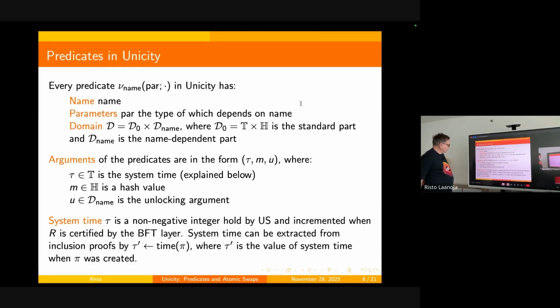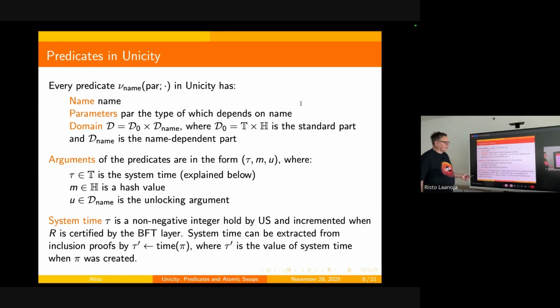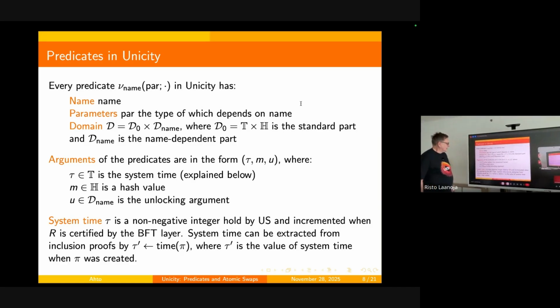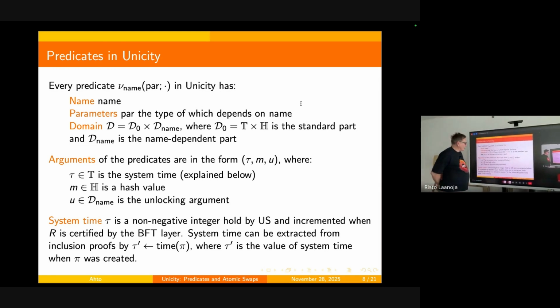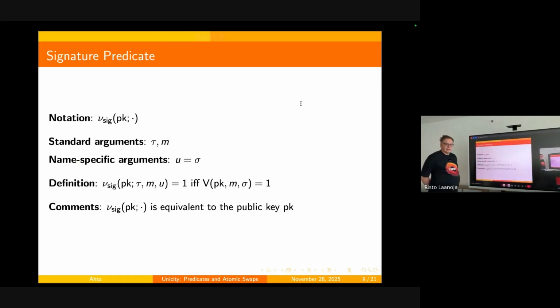And also, we assume that when you have an inclusion proof, the system time can be extracted from the proof. What you extract is the time, say, t prime. It's the time when the inclusion proof was created. Okay? Let's go on.